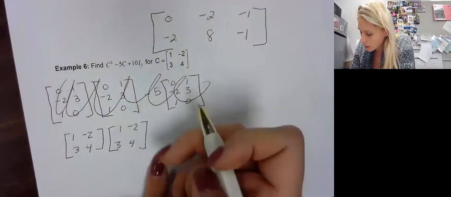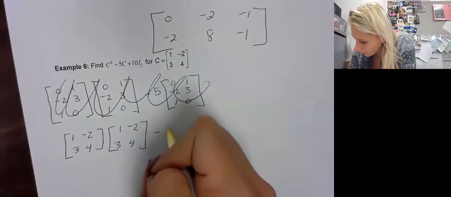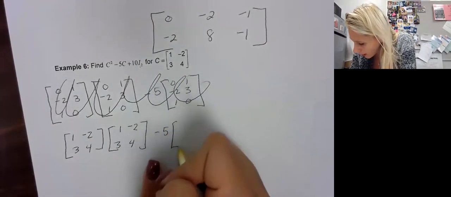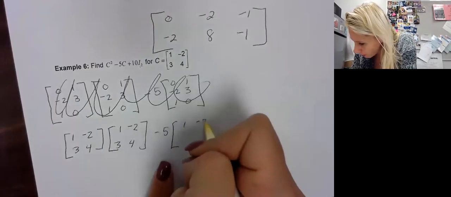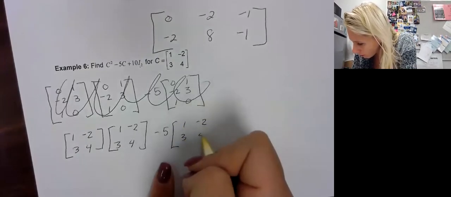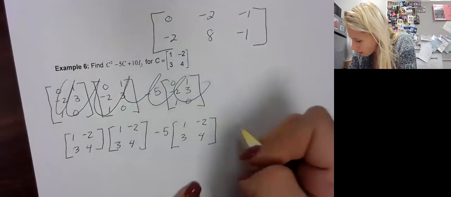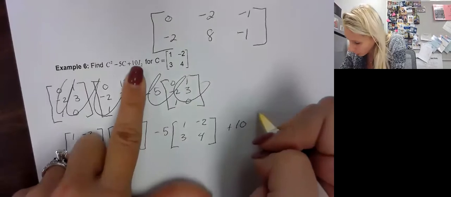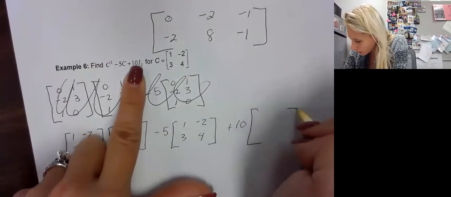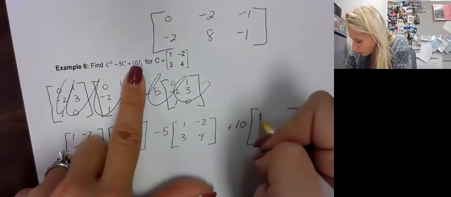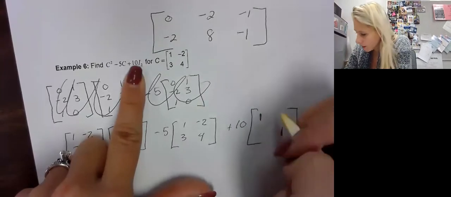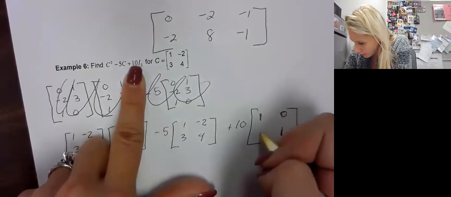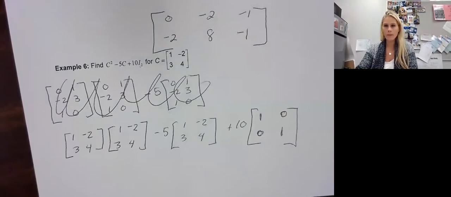Now, what I'm going to do with the scalar, I'm just going to write it in for you guys, and then we're going to do the math after, okay? Plus, now 10, the identity matrix, right? So remember, it's a 2 by 2 with the diagonals being 1 and the rest being 0, okay?